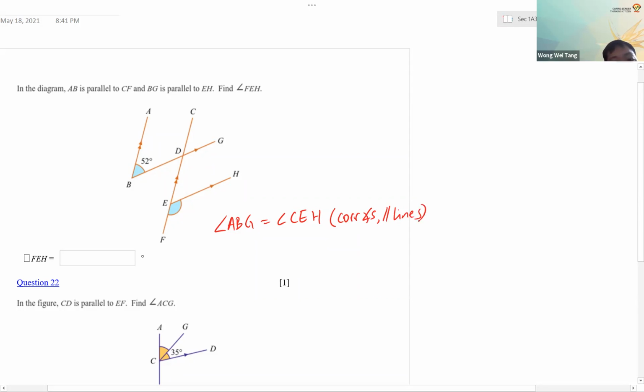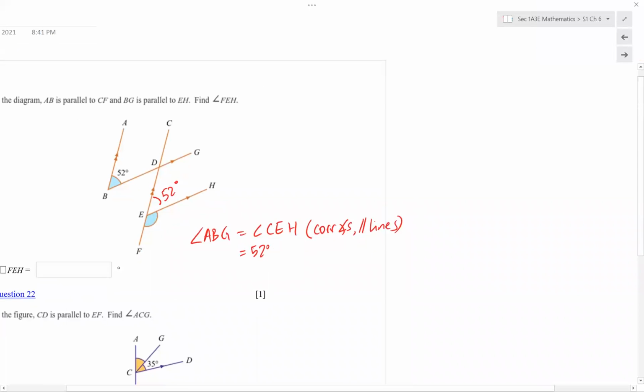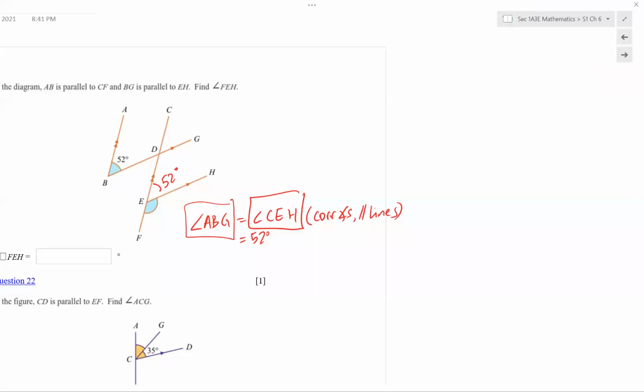What is the value? 52 degrees. Nothing wrong, but I think you are actually trying to find angle CEH instead of angle ABG. Josiah, you're trying to find CEH instead of ABG, correct? Yeah.